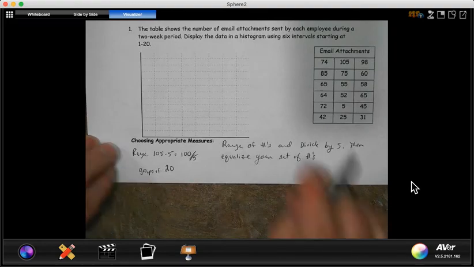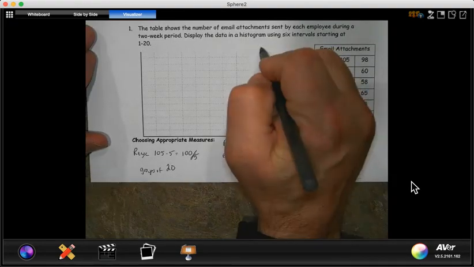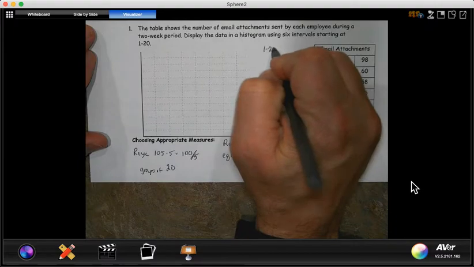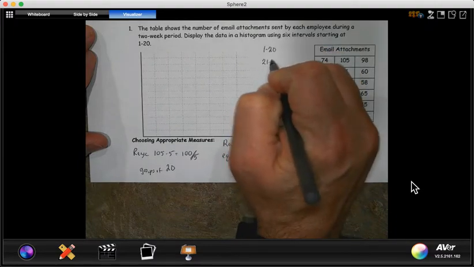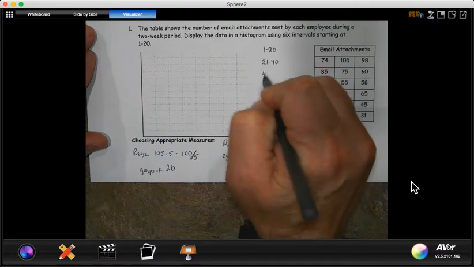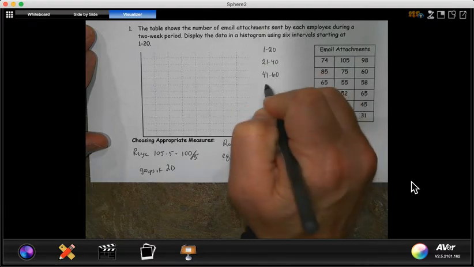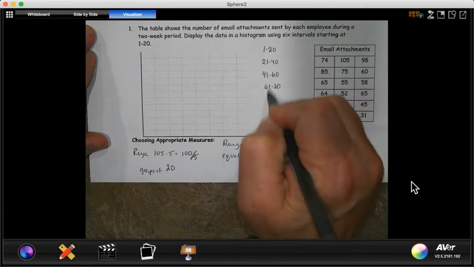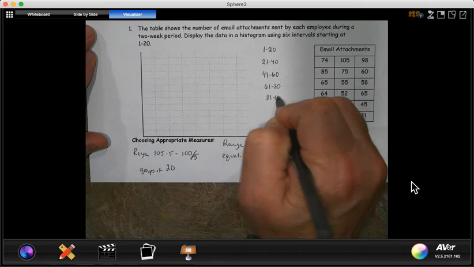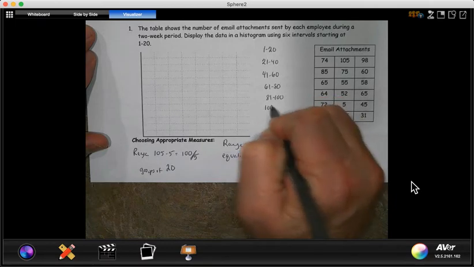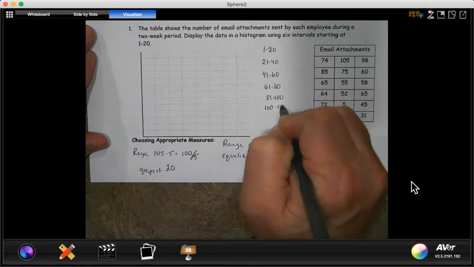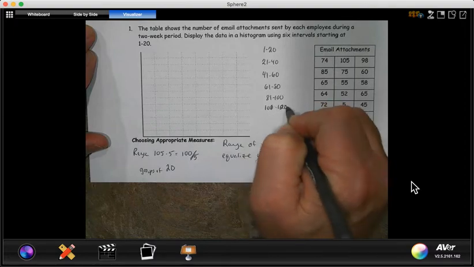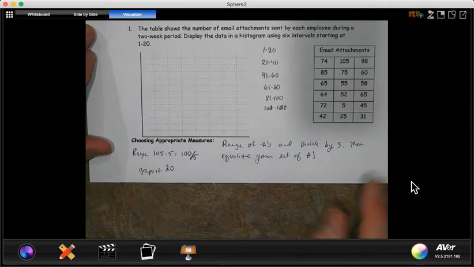So watch. I'm going to start out with 1 through 20, 21 to 40, 41 to 60, 61 to 80, 81 to 100, and then 101 to 120. And then I'm going to do my tally chart, okay?